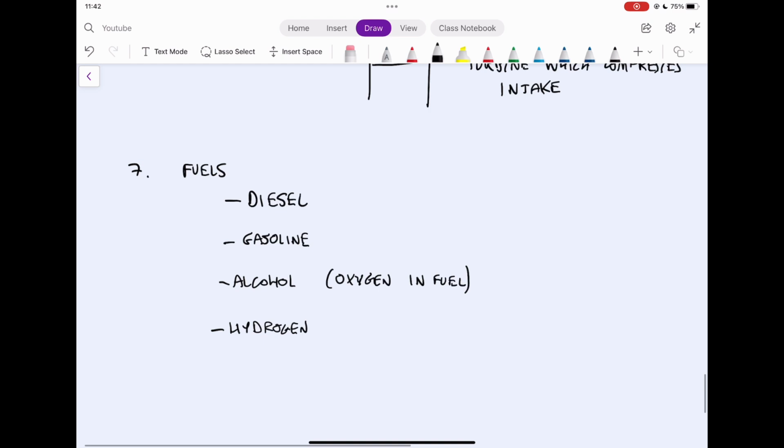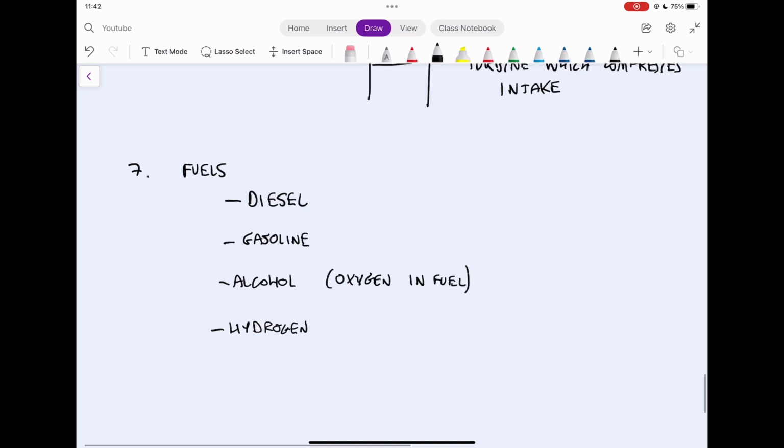The next fuel type is hydrogen, which is a very interesting fuel in the sense that if you burn hydrogen, the only byproduct is water. And this is great because it doesn't pollute anything. By combusting hydrogen and oxygen together, you would only create water, which is a great byproduct to have. We wouldn't create carbon dioxide either.